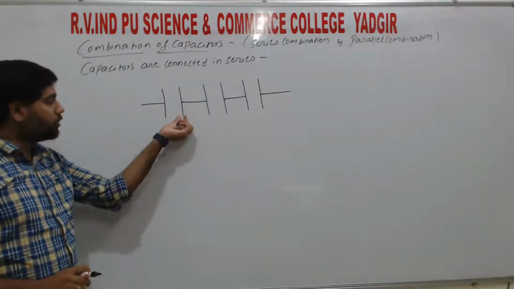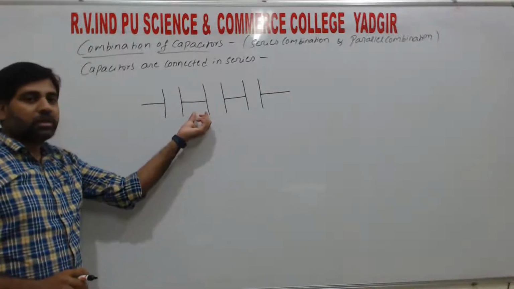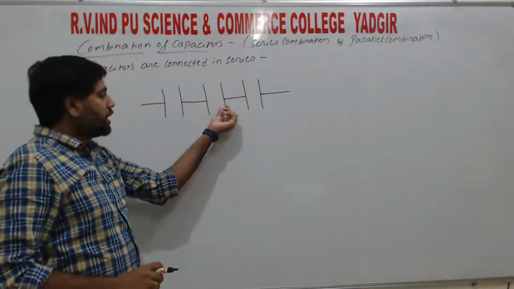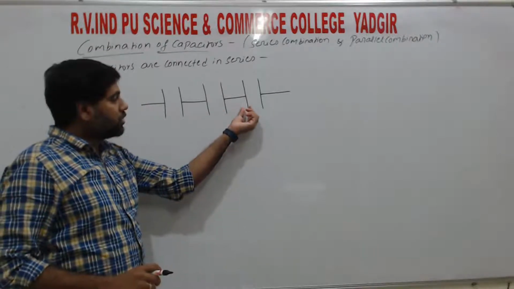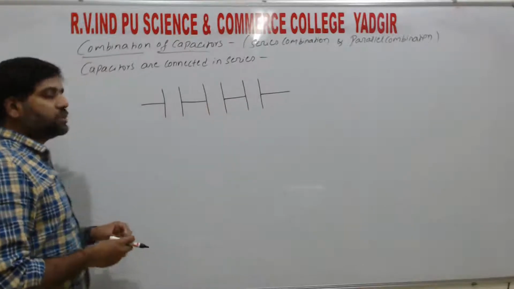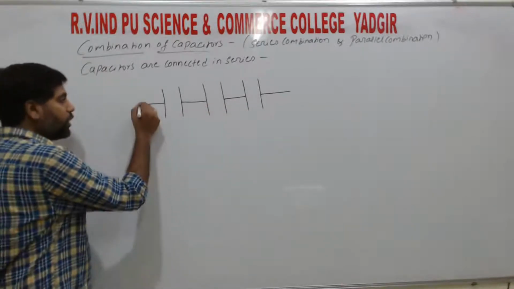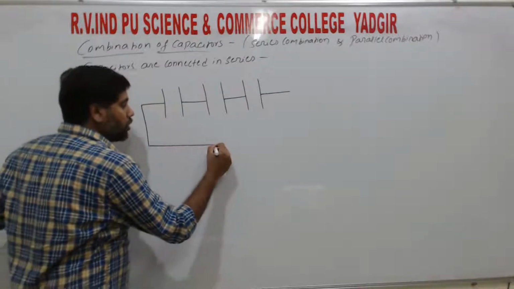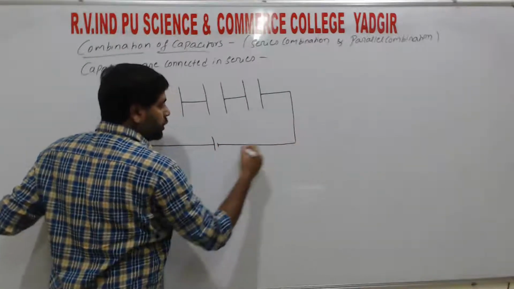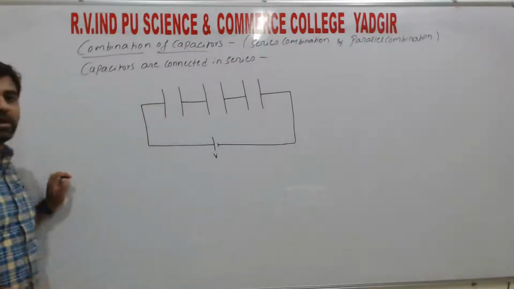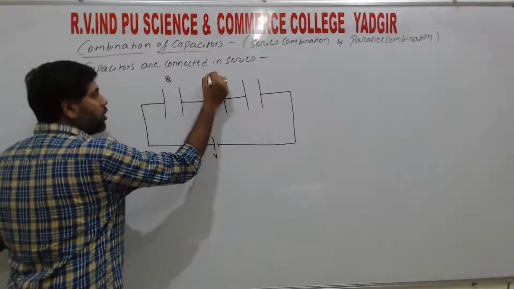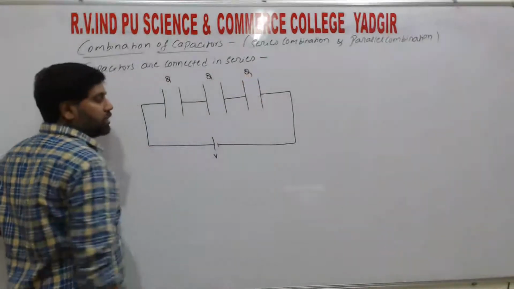So here one end of the first capacitor is connected to the second capacitor, and the other end of the second capacitor is connected to the third capacitor, right? So this we call a series combination. When we apply the potential difference across the series combination, the charges will remain the same on each capacitor, right?